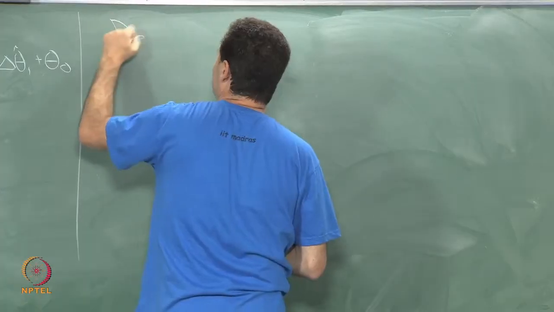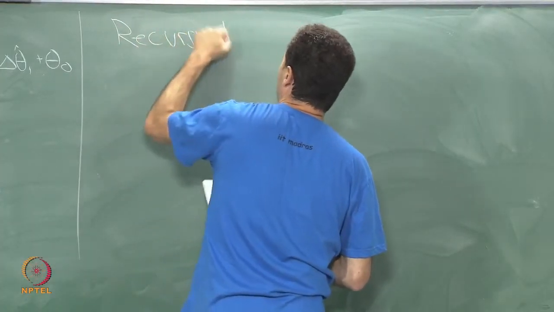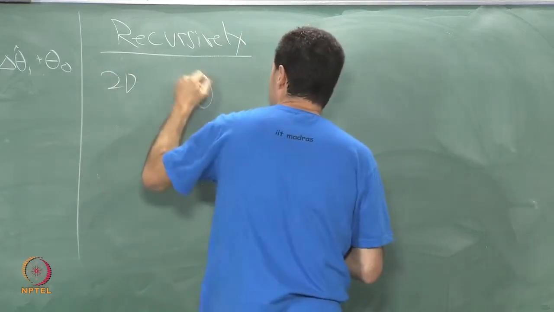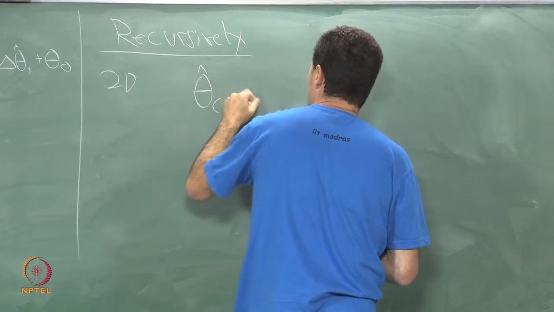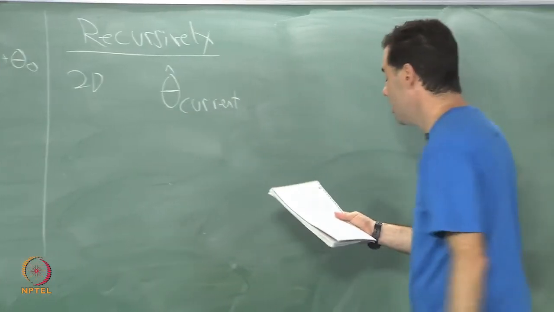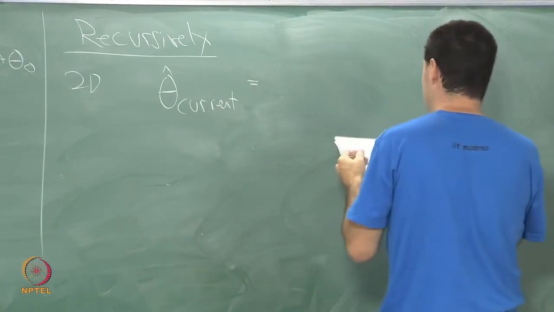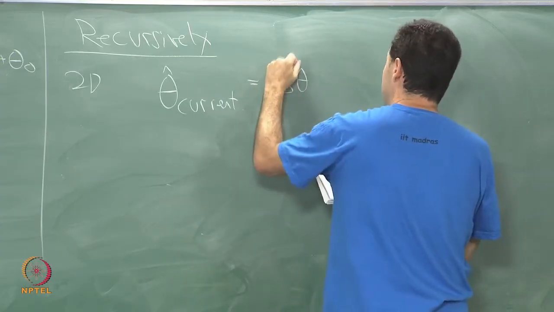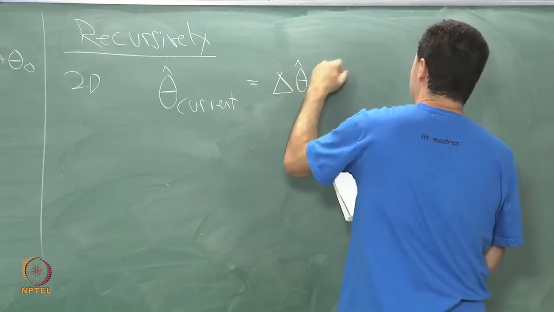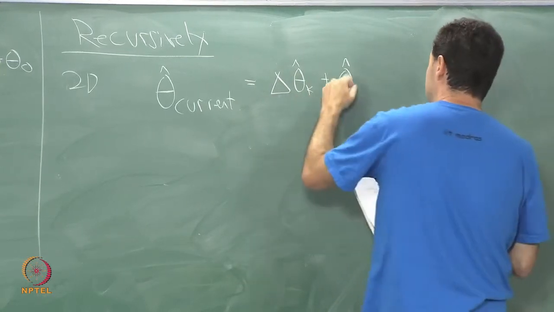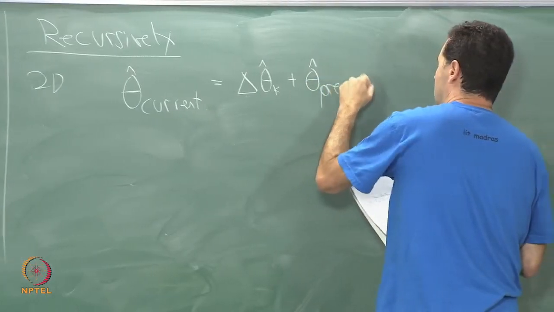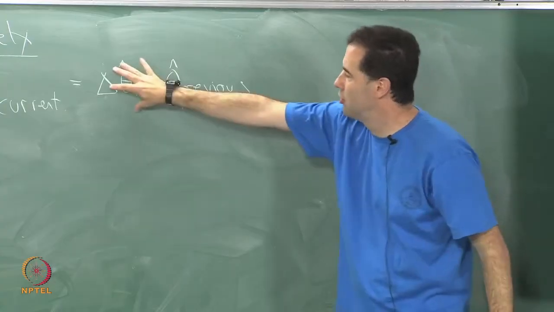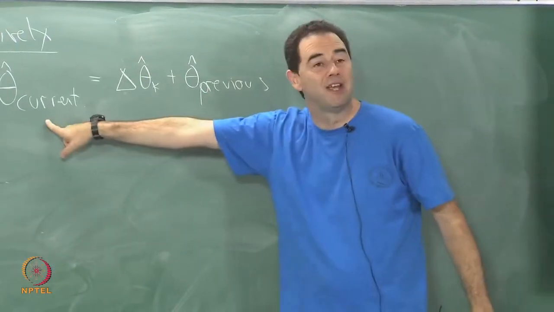So recursively, in 2D, we might say our current estimate is equal to the change that's occurred in the last millisecond in terms of our estimates plus whatever our previous estimate was. Correct? So that's just one very simple way to look at it in the 2D case. I just get the current change and just add it to the previous estimate. That gives my new one.